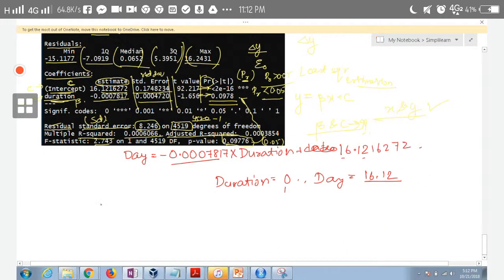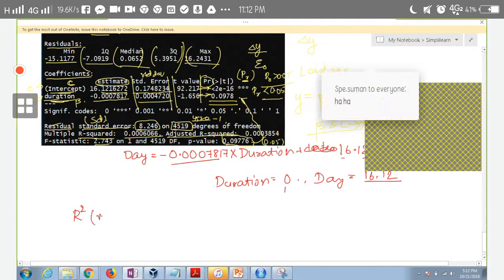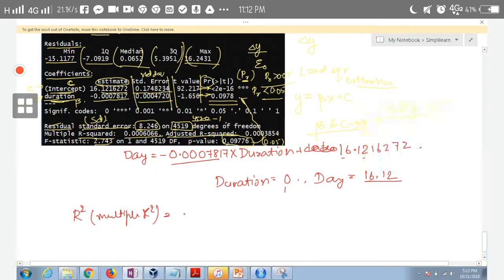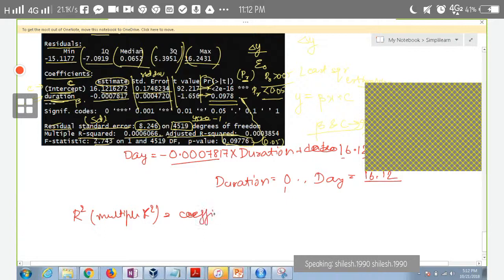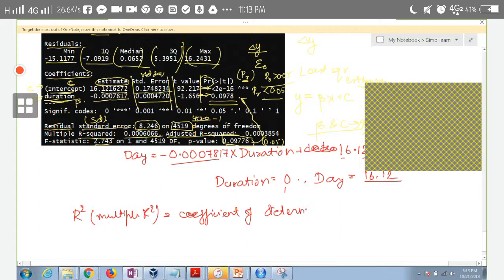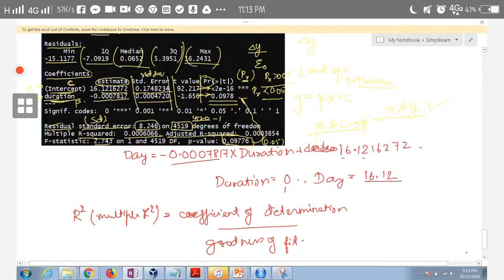R square is the square of R. Or rather, it is called multiple R square, and it is actually the coefficient of determination. And what does it do? It checks goodness of fit.